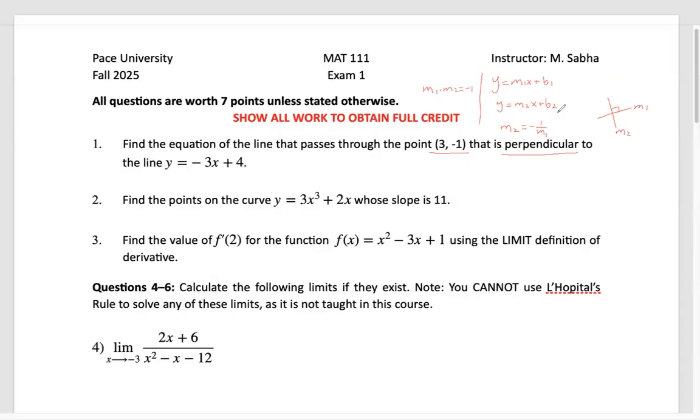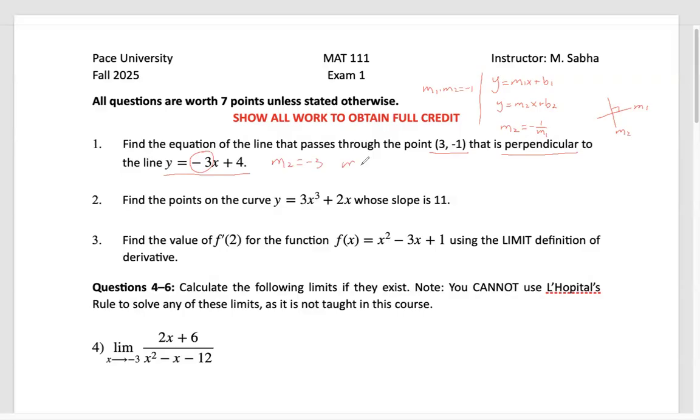So we're going to use this, right? This line we're trying to find is perpendicular to this one, and this one has slope -3. So let's call this m2. m2 is -3.